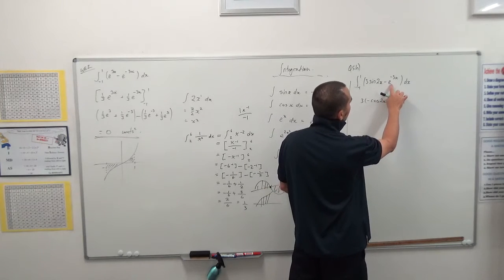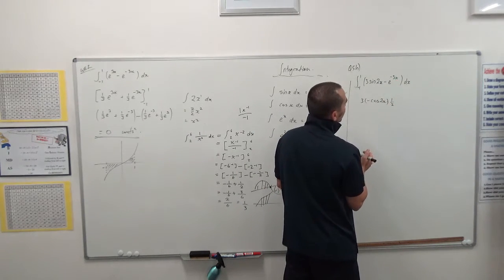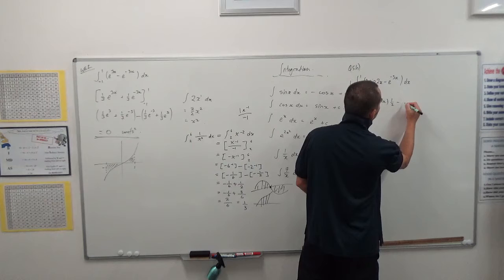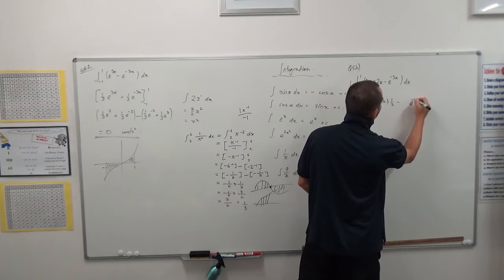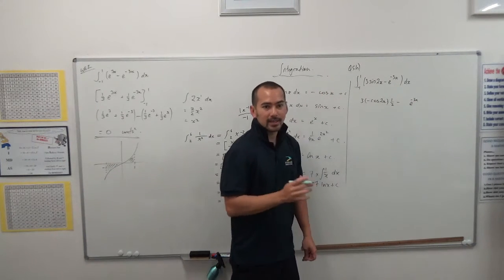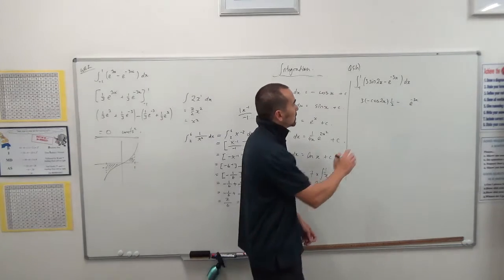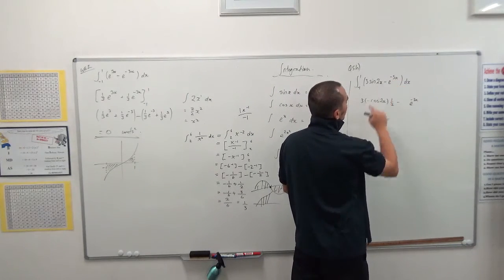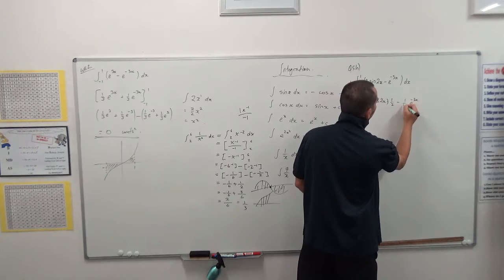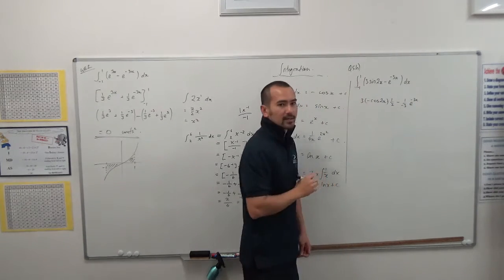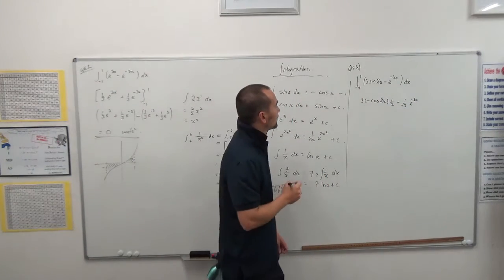Then we're going to integrate e to the power negative 3x, so always easiest to write the e and its power first. Derivative of negative 3x is negative 3, like so. Happy with that?